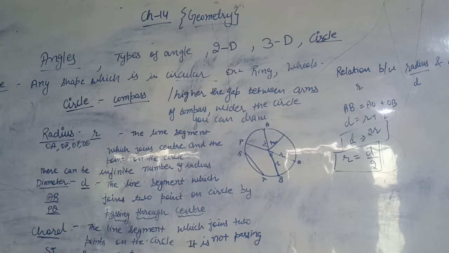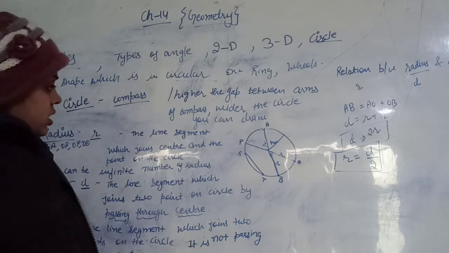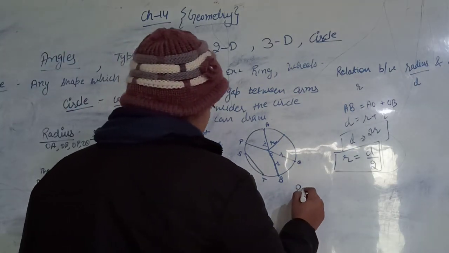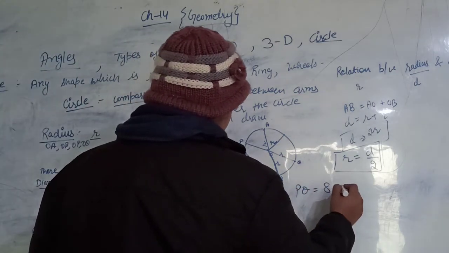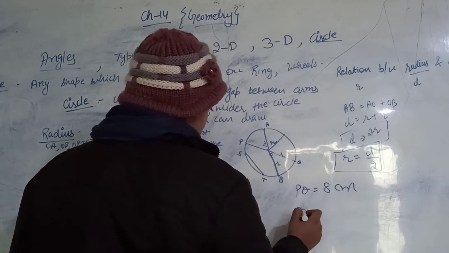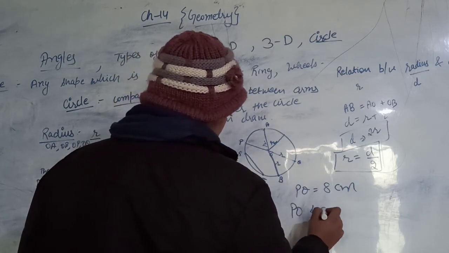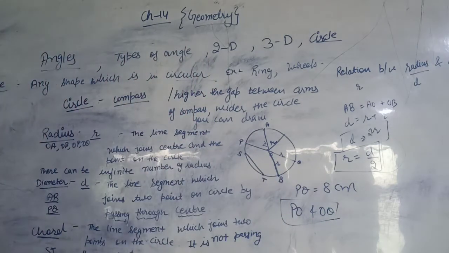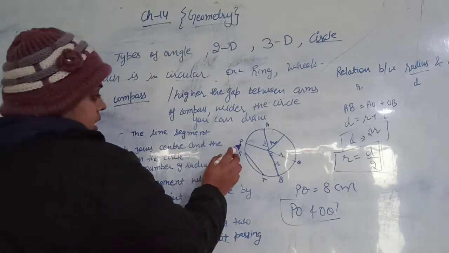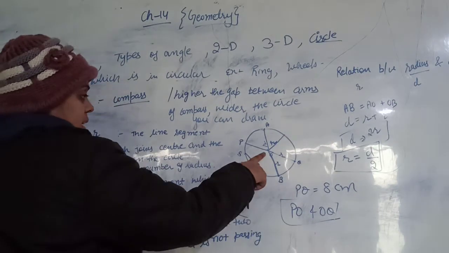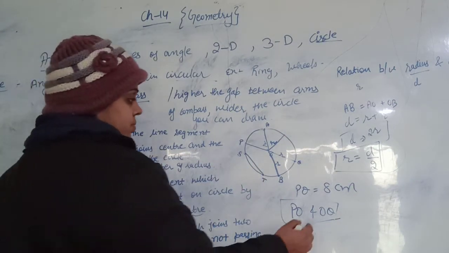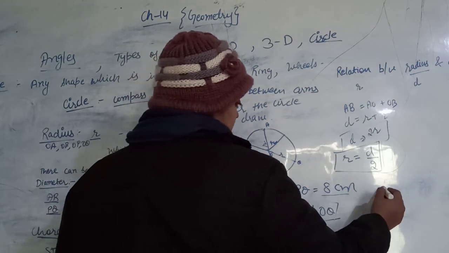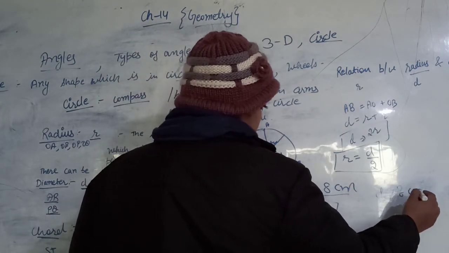If anyone gave you that the length of this PQ equals 8 centimeter, find PO and OQ. So look, PQ what becomes? It becomes the diameter, right? PQ is the complete diameter because it passes through the center O. So we know that diameter is equal to 8 centimeter.